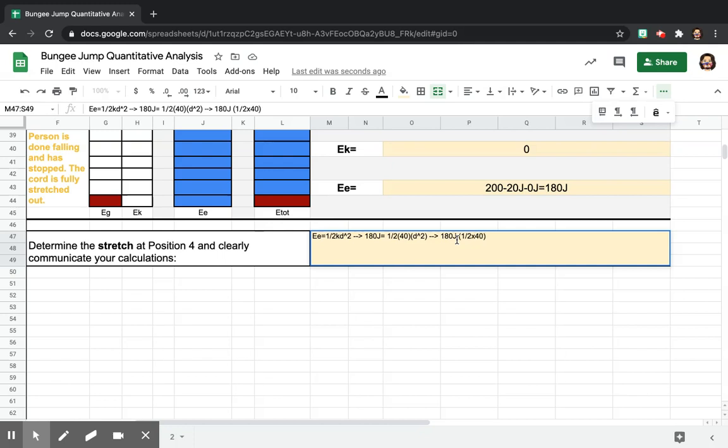I'm going to do it like this so there's not so many parentheses, but this is going to look kind of crazy for a second. So what then happens is it cancels out on this side and it stays on this side because we need to solve for it, right?